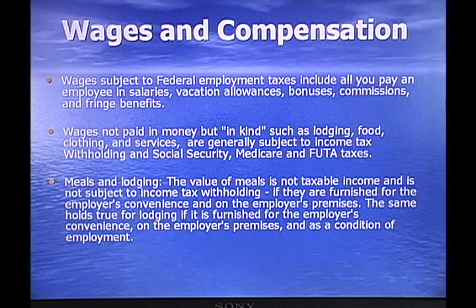Meals and lodging. The value of meals is not taxable income and is not subject to income tax withholding if they are furnished for the employer's convenience and on the employer's premises. So if they give you meals and or lodging on their premises for their convenience, in other words, so that they know you'll be there on the job, then it's not taxable to the employee as income.